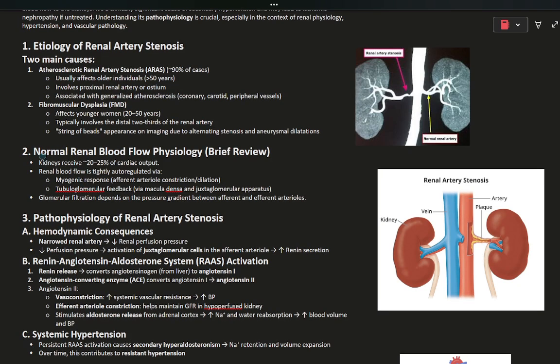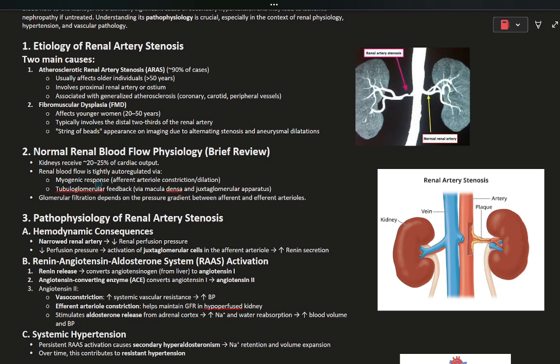And so, in order to understand renal artery stenosis, we should review what normal renal blood flow looks like in the kidneys. So, kidneys receive generally about 20 to 25% of cardiac output, and then the renal blood flow is tightly autoregulated through the following mechanisms.